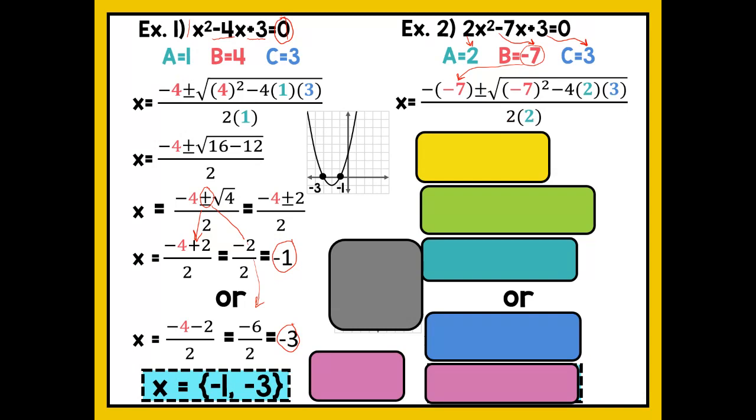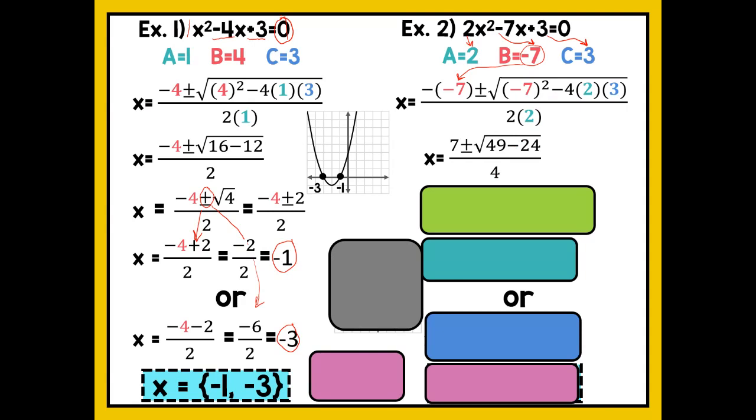So we're going to simplify. And we can quickly take care of that. A negative of a negative is a positive, right? And then we can start simplifying underneath the radical sign. When we do that, we'll get 7 plus or minus the square root of 49. That comes from negative 7 squared. And then when we multiply 4 times 2 times 3, we get 24. And it's a subtraction that will continue.